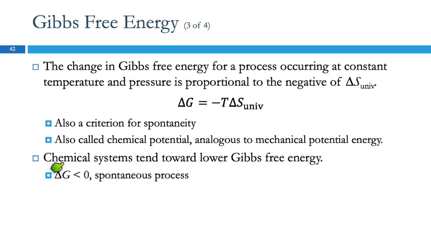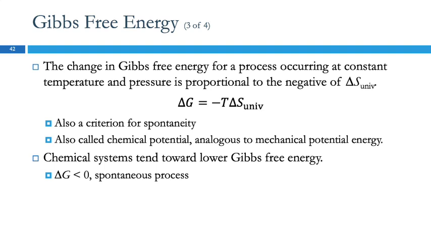Well, chemical systems are also going to tend towards lower potential energy, lower chemical potential energy, lower Gibbs free energy. So if delta G is less than 0, it's a spontaneous process. Delta G being less than 0 means that delta S for the universe is positive. Any questions?